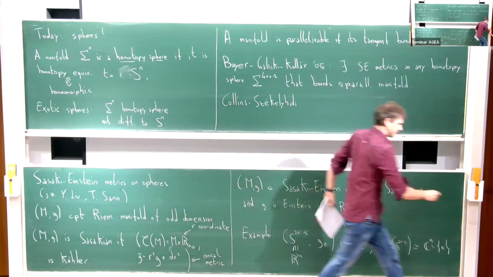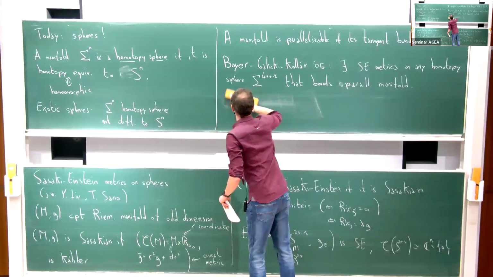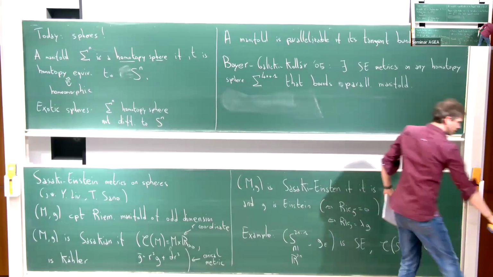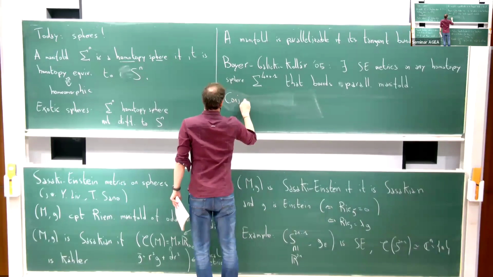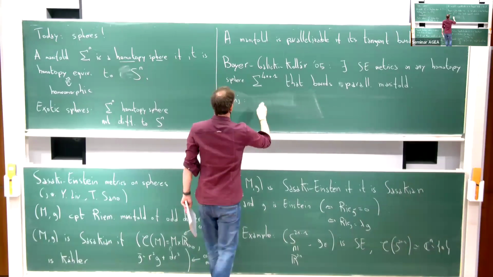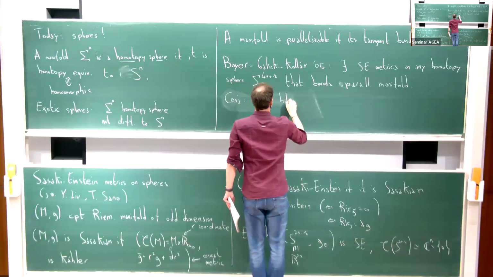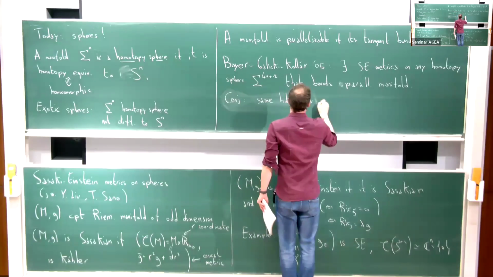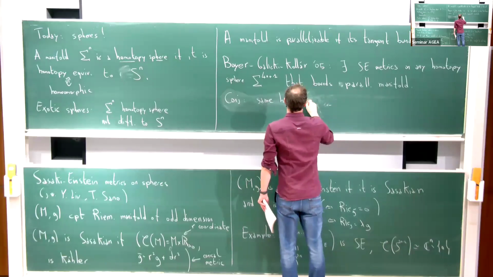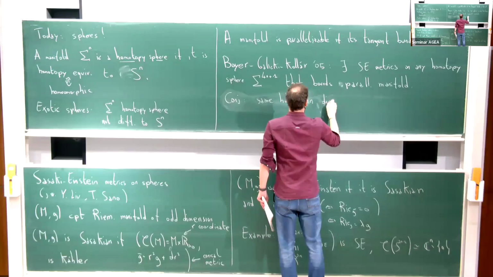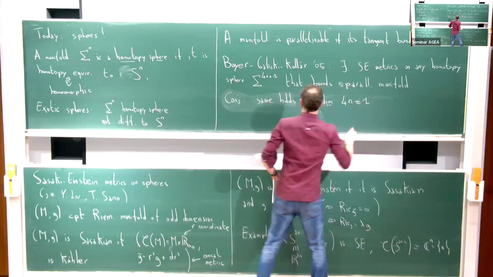Actually, it's more efficient if I do something like this. I state here the conjecture. So in the same paper, they pose a conjecture, and they say that the same holds in dimension 4n minus 1.